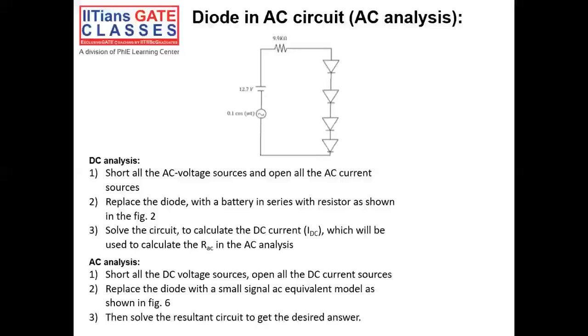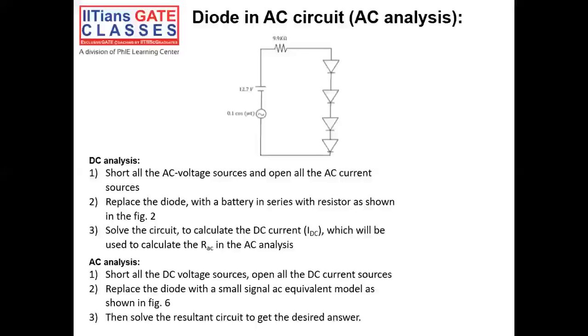Then the second step is to replace the diode with a battery in series with a resistor. As I already mentioned, the DC analysis is the same as a diode at DC, so we replace the diode with a battery in series with a resistor. Then the question is the same as the diode at DC category, and we will have the same circuit as in the diode DC.